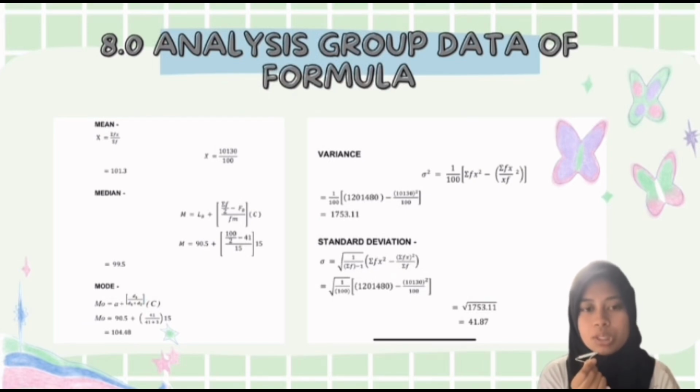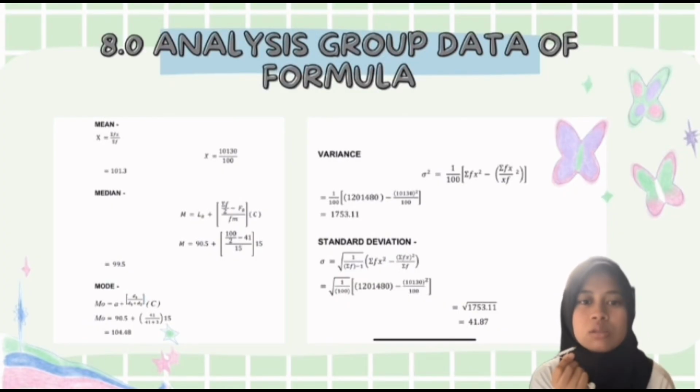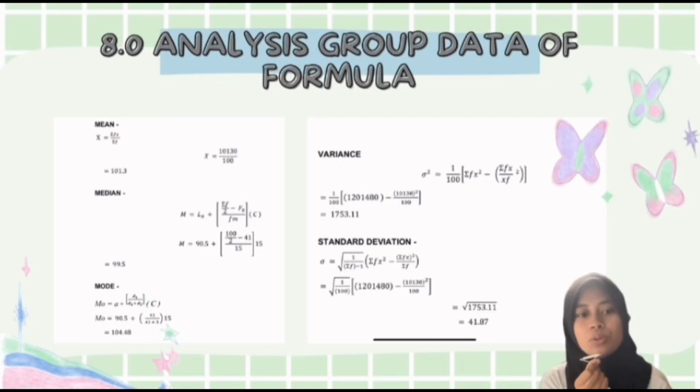Then we multiply by c, where c is the class range, which is the upper boundary minus the lower boundary, and the answer is 9.9.5. From the answer, 90.5 plus 100 over 2 minus 41, over 15, multiplied by 15. Next we go to the mode.